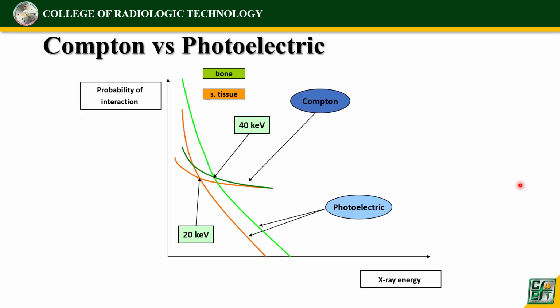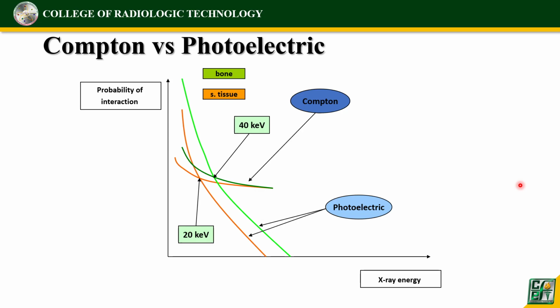So, tingnan natin sa graph. Yung ating X, X-ray energy, yung ating Y, probability of interaction. So, X-ray energy is measured in kilo electron volts. Okay? So, at 20 keV, nag-intersect yung photoelectric and Compton effect.